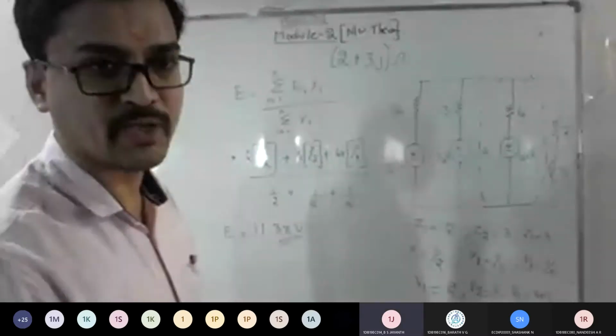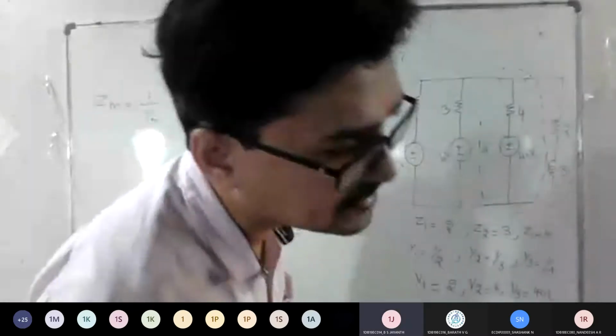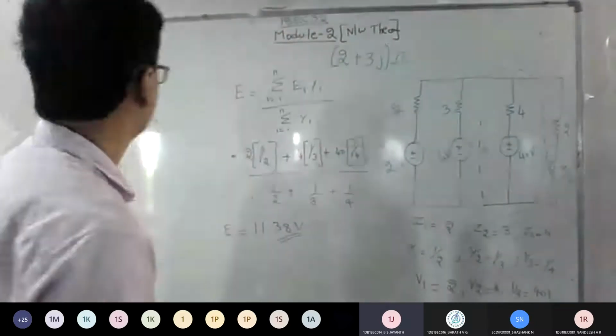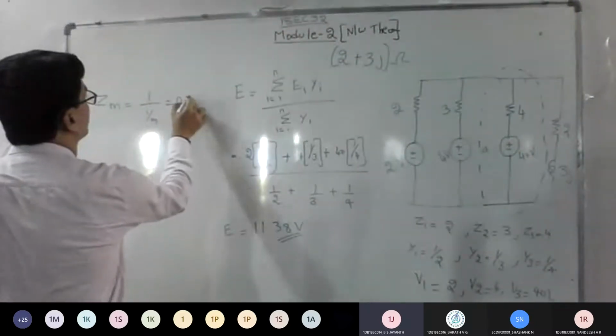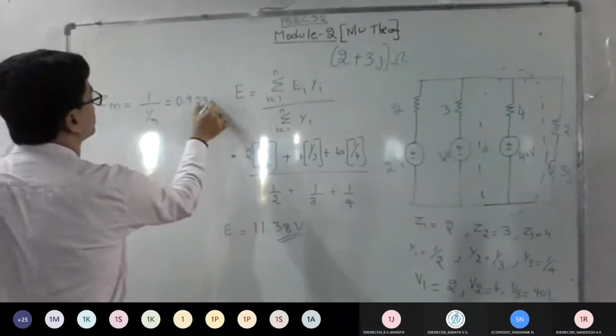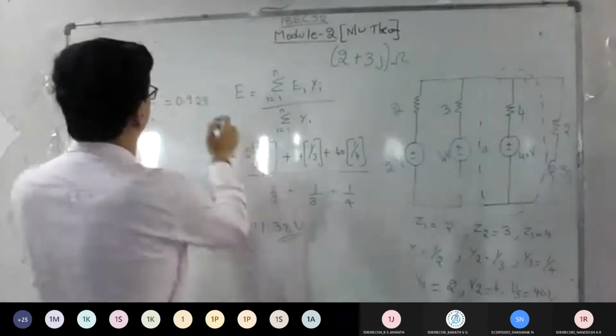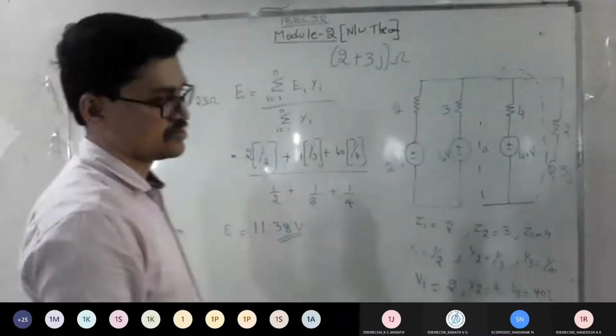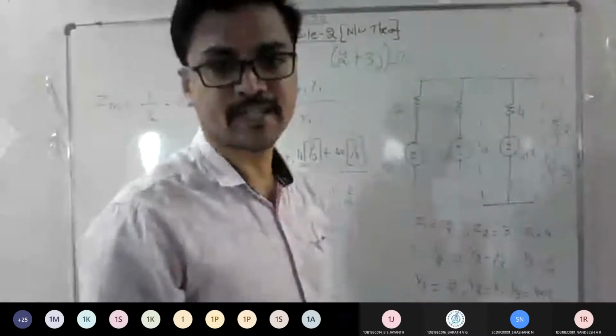You can add all the things, right? 0.923. How much will you get? 0.923 ohms, sir. So the unit is ohm. Is it correct? Everyone got the same answer?